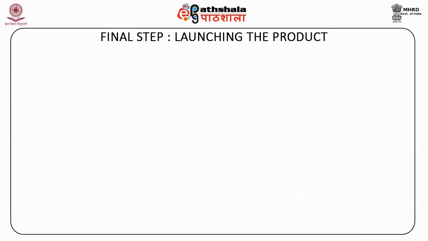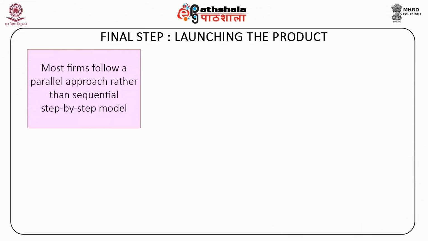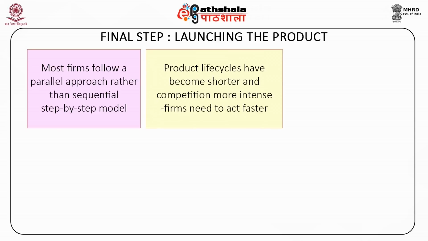While the above steps clarify the entire process of new product development, most firms these days prefer to follow a parallel approach rather than the sequential step by step model. This is due to the fact that product life cycles have become shorter and competition is more intense. So, firms need to act faster.